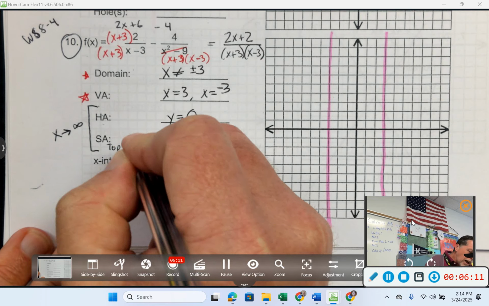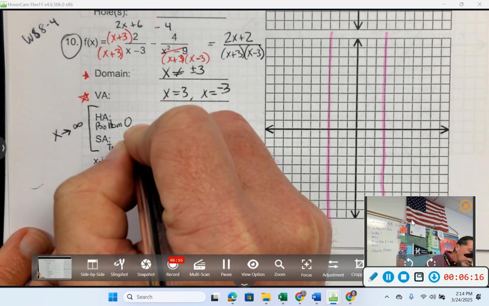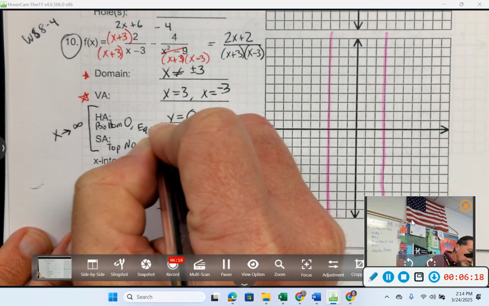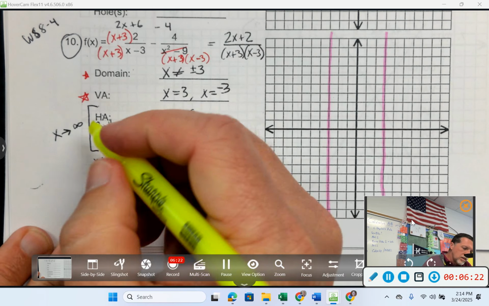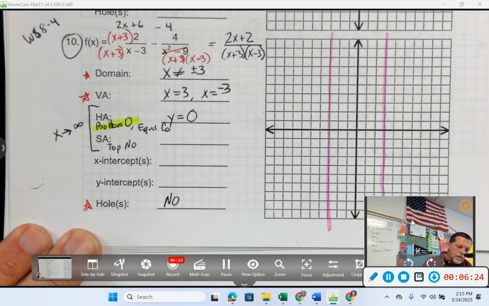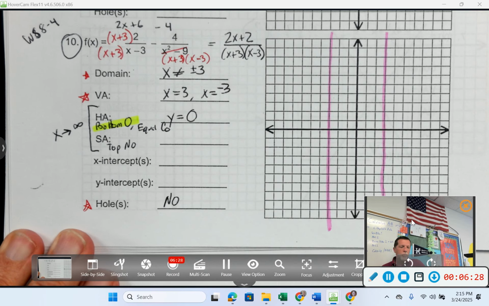If you want the rhyme, it's top no, bottom O, equal co. So this one's a bottom O because it's bigger on bottom. Somebody answer Brenda's question. How do we know if there's a slant asymptote? If the top is heavier.